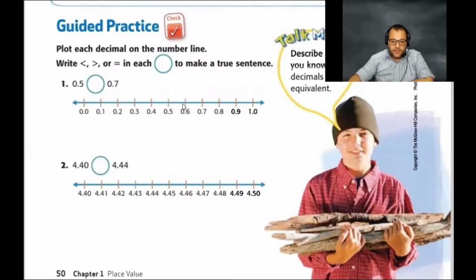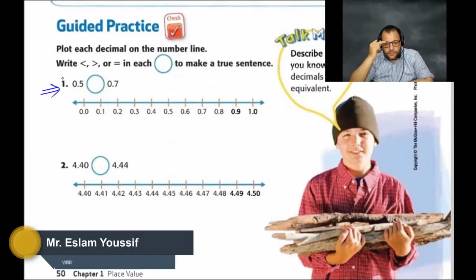Waleed, how can we solve question number 1? 0.5 and 0.7. Which one, greater or smaller? No, the other side. So please read the statement. Say 0.5 is greater than or smaller than or equal to 0.7.